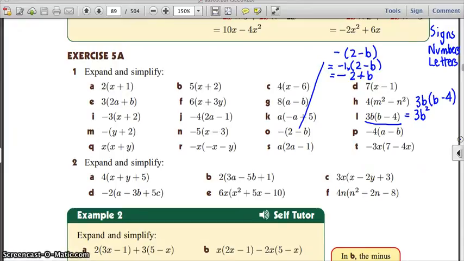Thank you, Jake. 3B times -4 gives us... Do the signs first. Positive times a negative. -12. Negative. Numbers. 3 times 4 is 12. Letters, B. Okay? Signs, numbers, letters. Shall I do one more, or we're okay with question 1?